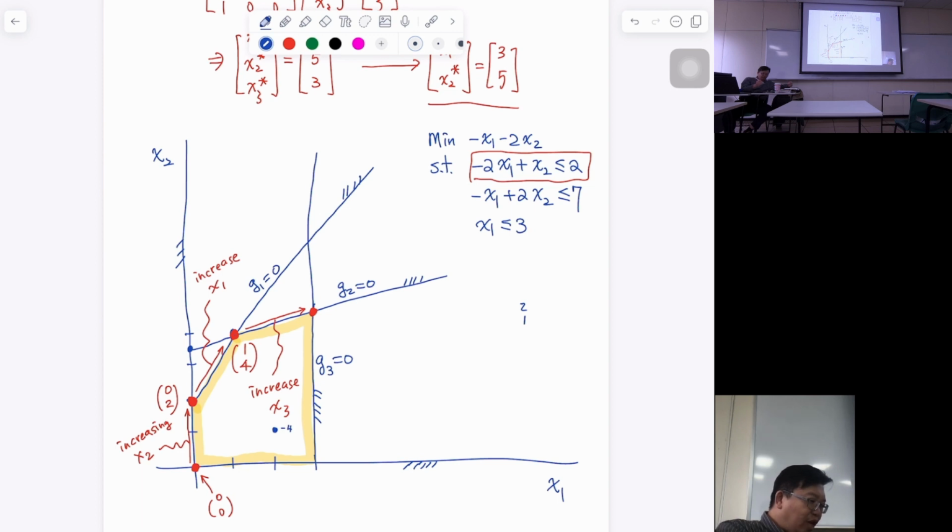And if I plug in 0 and 2, okay. So this is my... the contour looks like this.